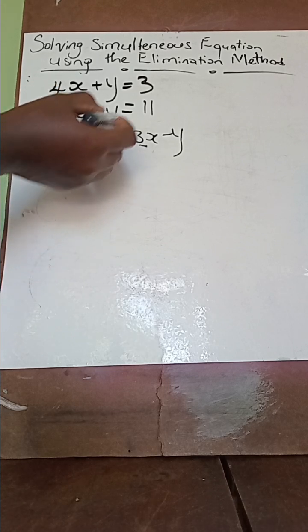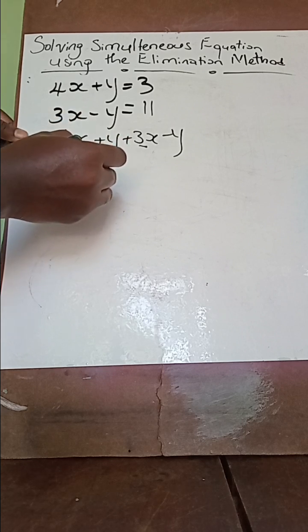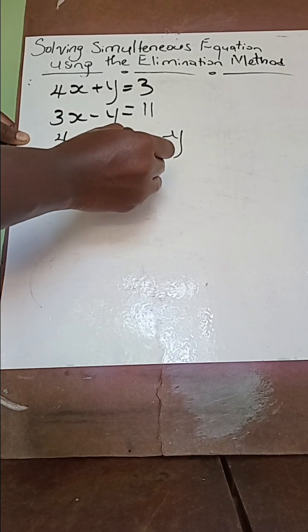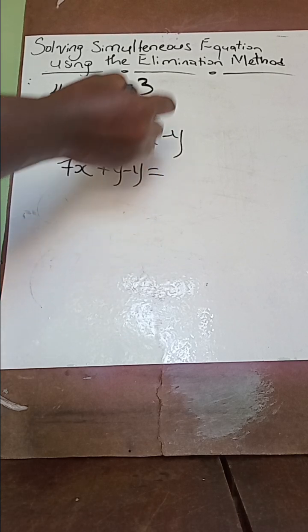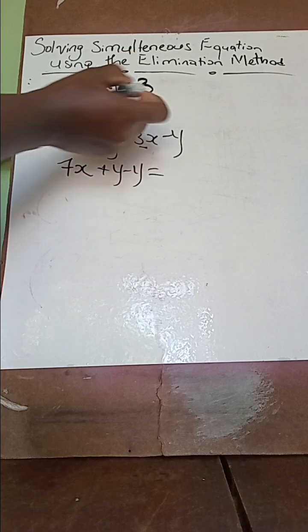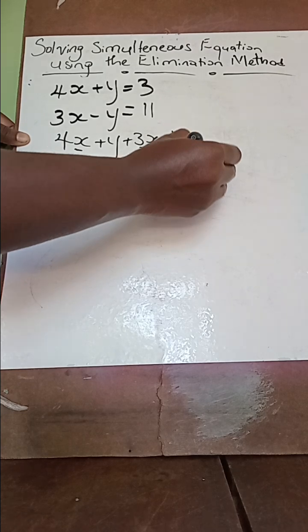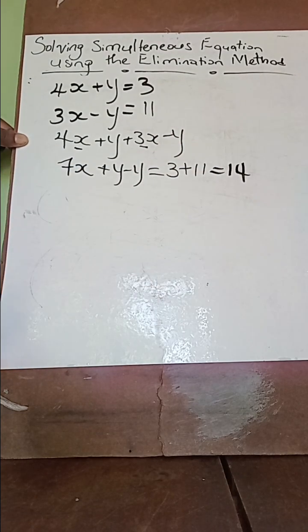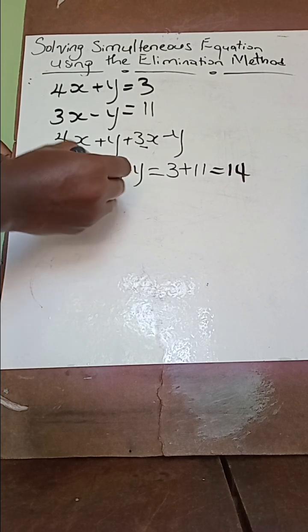And we don't need to write back the y value, because let me show you guys. A positive y and a negative y, right? And we're going to write back the equal sign. And these two numbers here, 3 and 11, you're going to add both of them, which will give us 14, right?